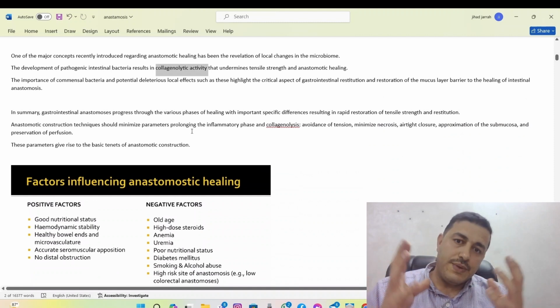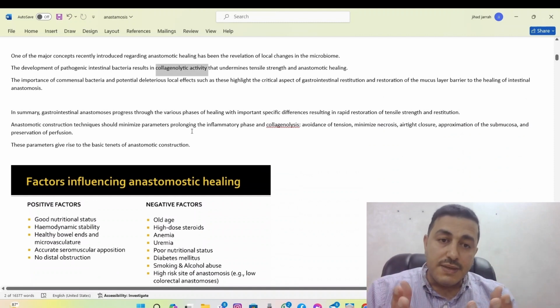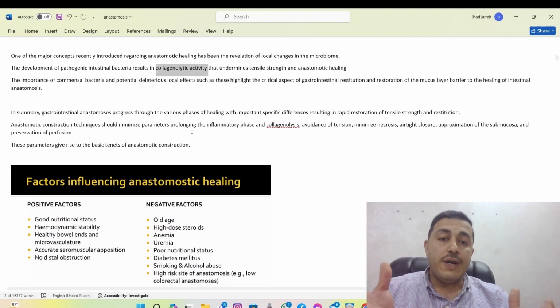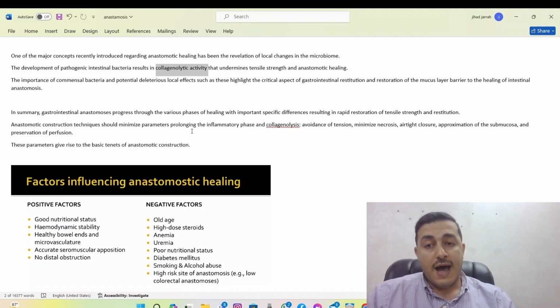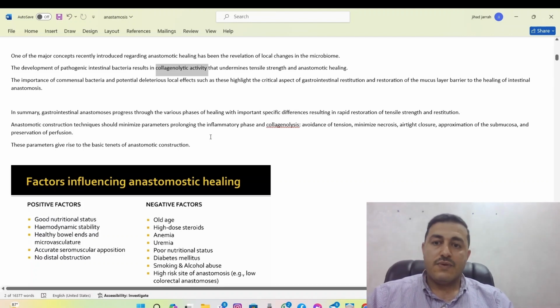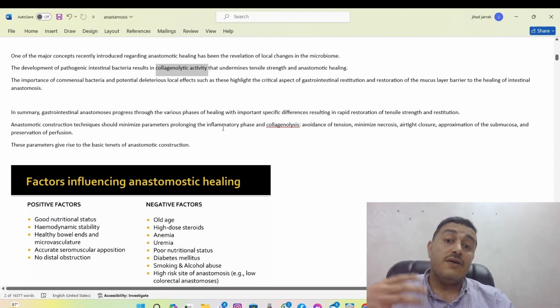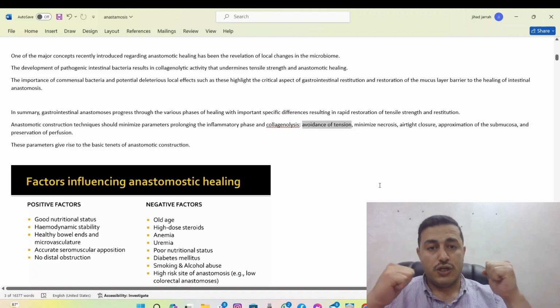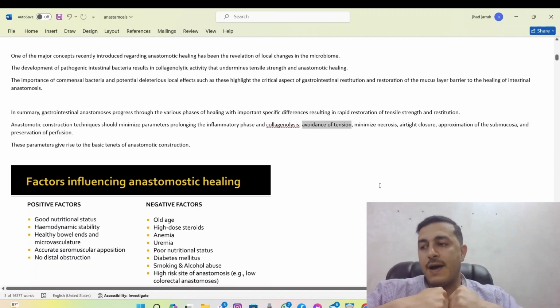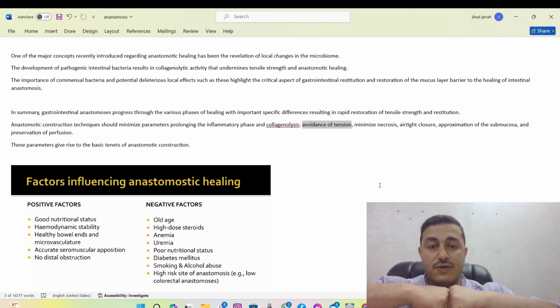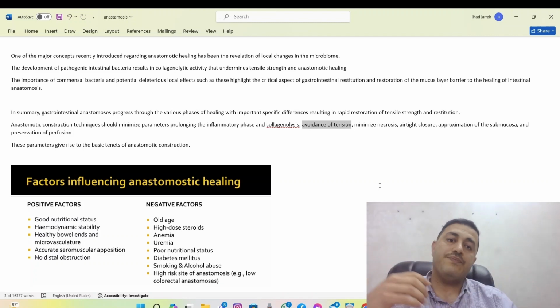Okay, so in general, there are general principles that we have to remember when constructing an anastomosis. First of all, we have to apply parameters that minimize the inflammatory phase and the collagenolysis. This means avoiding tension. The tension on the bowel means the force that pulls the two bowel ends apart from each other.